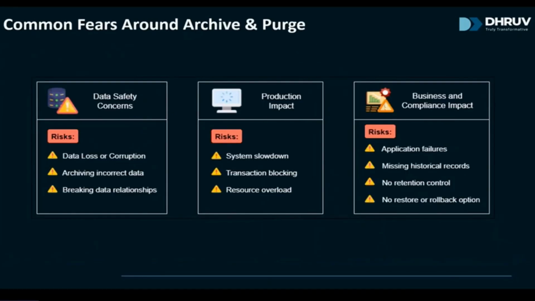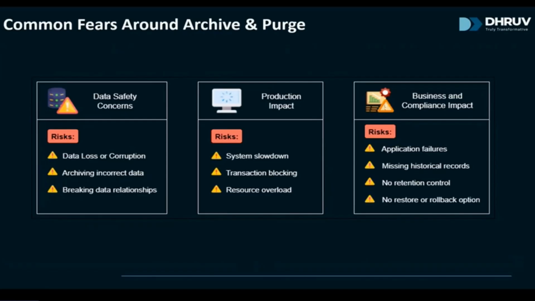Now let's look at the common fears regarding archive and purge. Organizations typically have three major concerns around archive and purge. First is data safety: fear of data loss, corruption, broken relationships, or wrong data selection. Second is production impact: concerns about system slowdown, blocking, or resource overload while processing large data volumes.